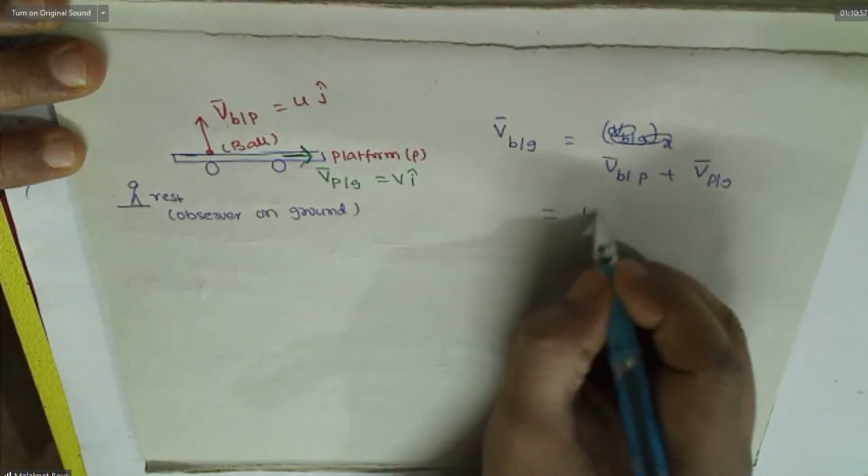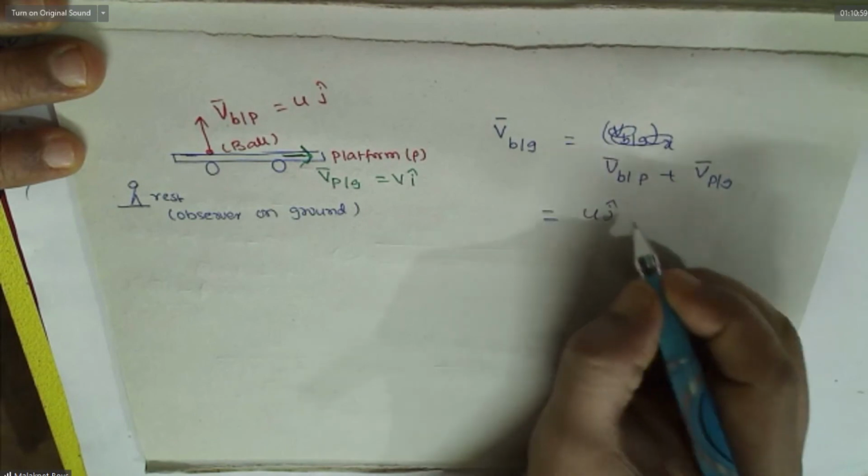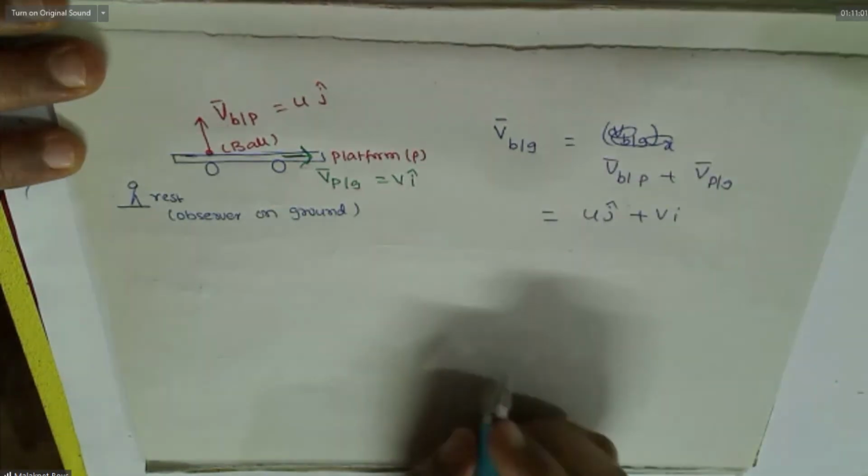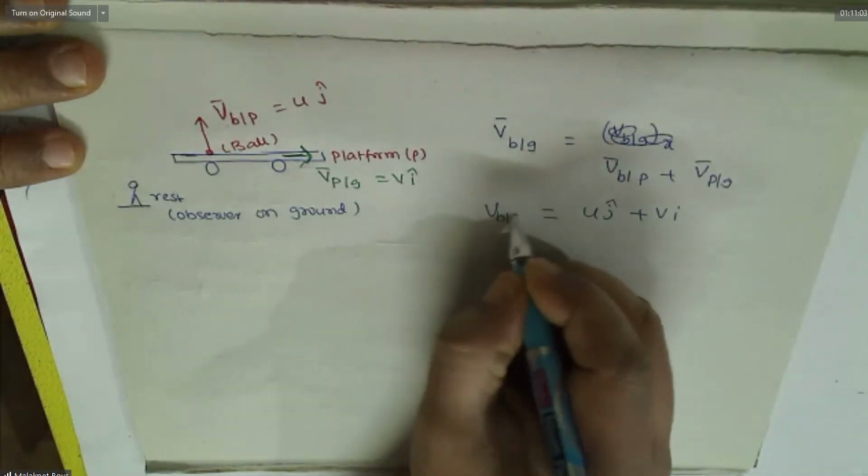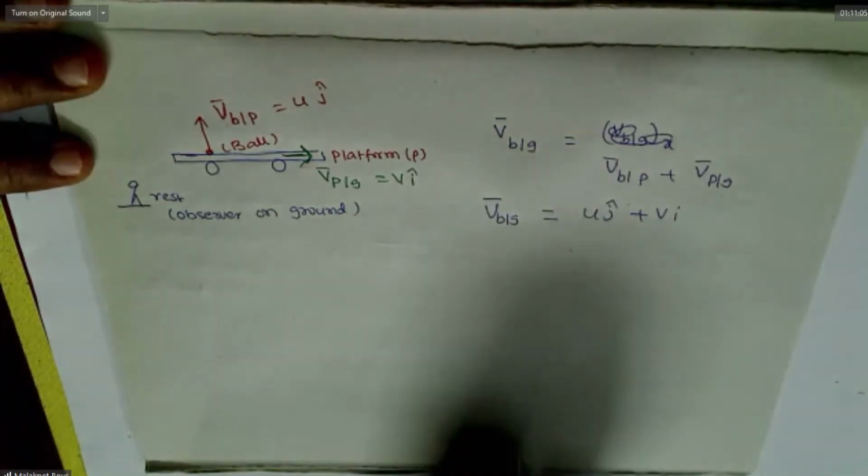Ball with respect to platform is like this. This is V, no? Agreed.